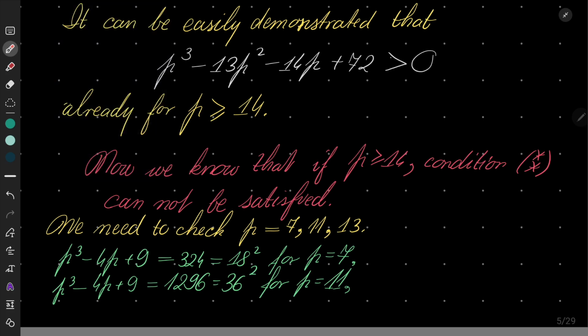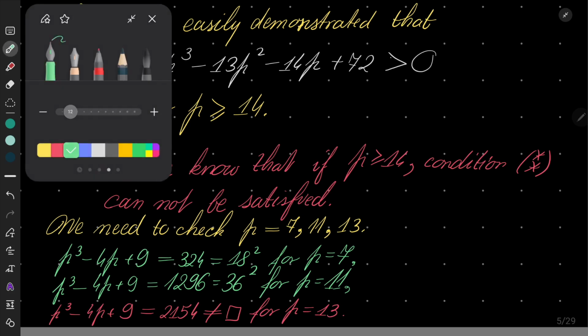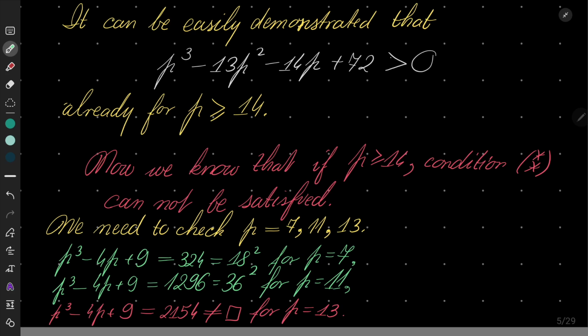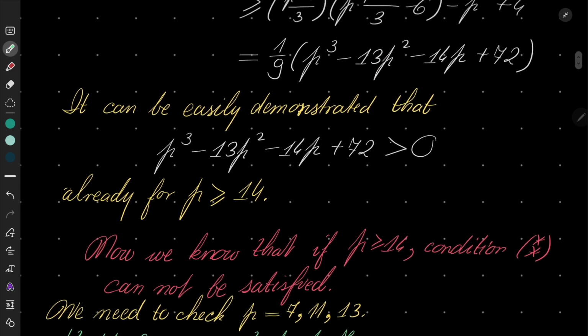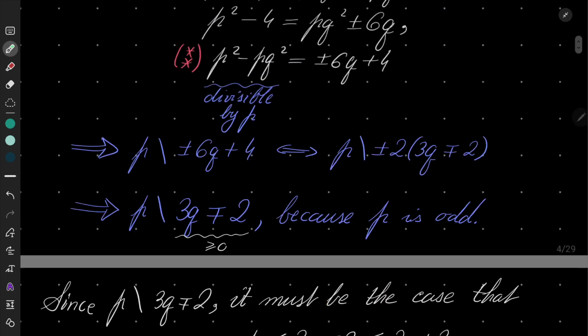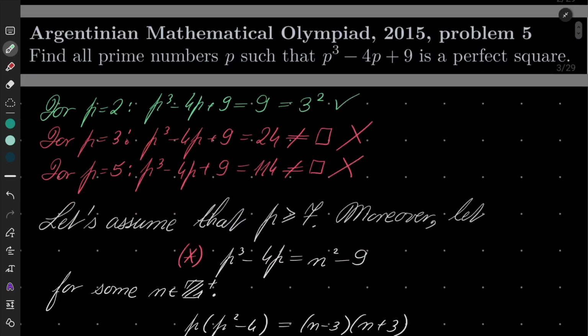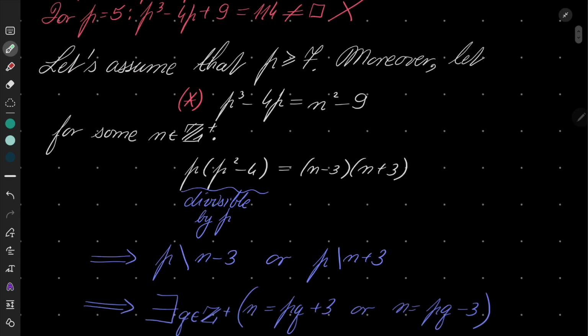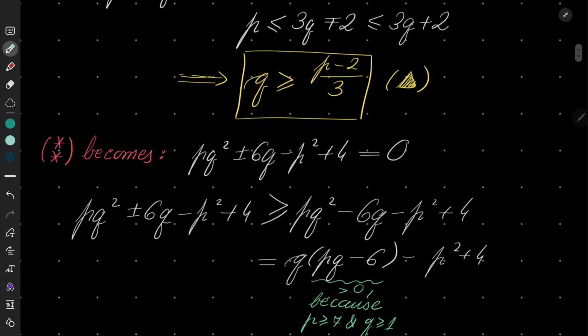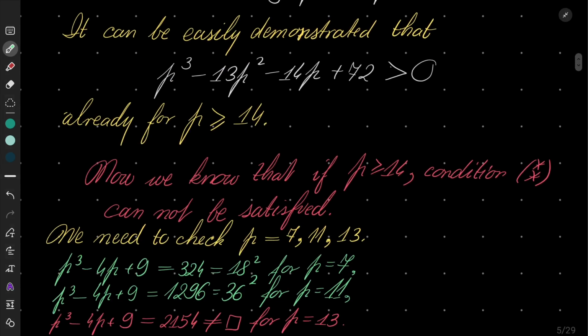And finally, p cubed minus 4p plus 9 equals 2154, which is not a square, if p equals 13, which means that our conditions are satisfied for 7, for 11, and also, going back to the start of our reasoning, it was also satisfied for p equals 2. So we have only 3 primes which satisfy our conditions.